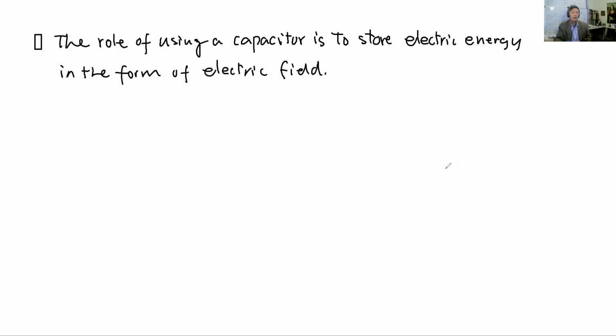Now, the immediate question is, how much energy can be stored for a given capacitor? So given C and V, because the voltage can be adjusted, how much energy can be stored?